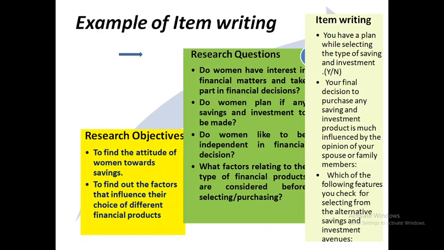This question is supposed to be asked to the woman respondent, whether she took the decision herself, or whether her decision is influenced by information received from her family members or spouse.